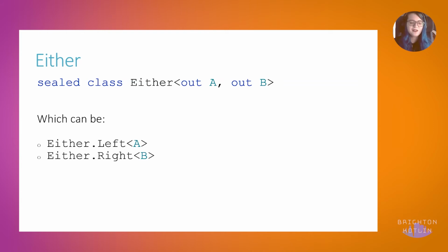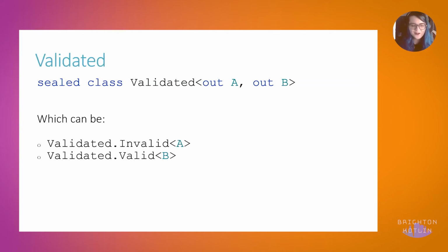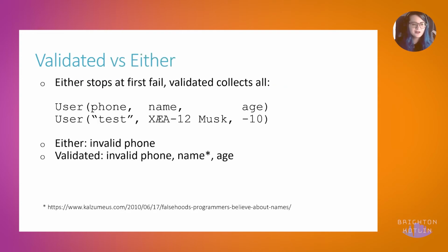In Arrow, there is also a neighboring class called Validated, which has a similar structure. Validated can also have two outcomes, Invalid and Valid. The difference here is how you use it. Either will typically stop on the first invalid value, and Validated will collect them all.